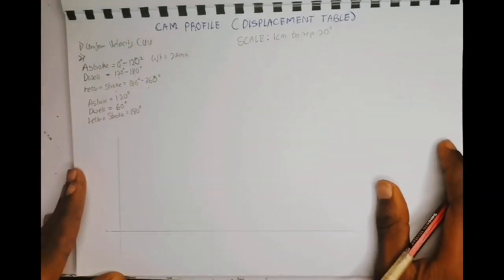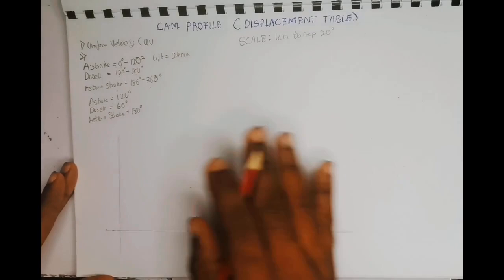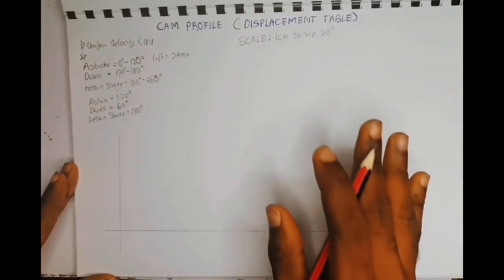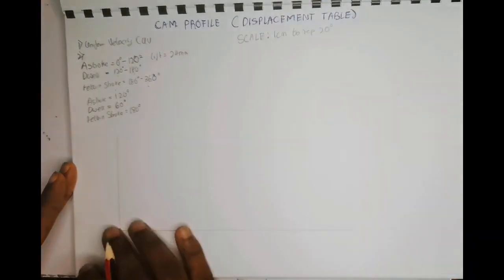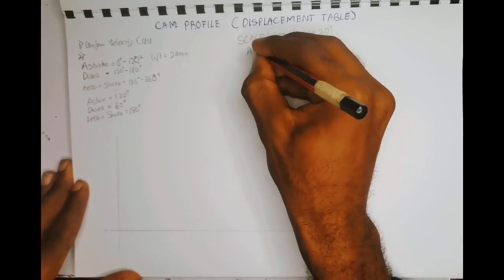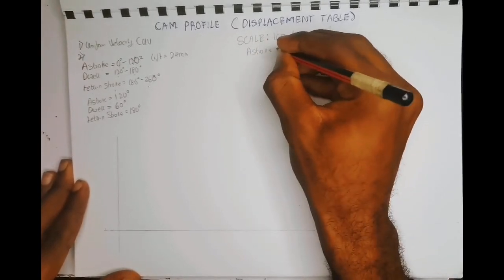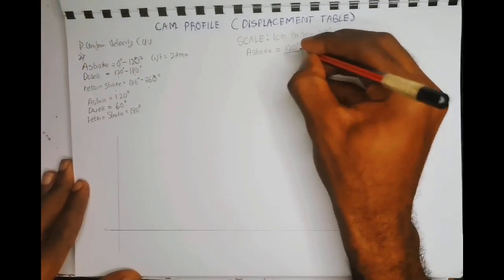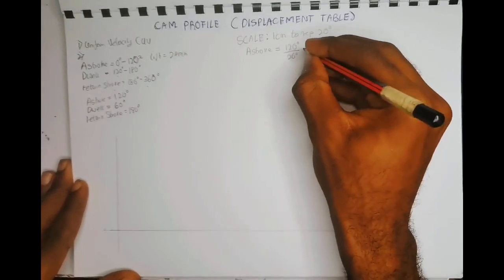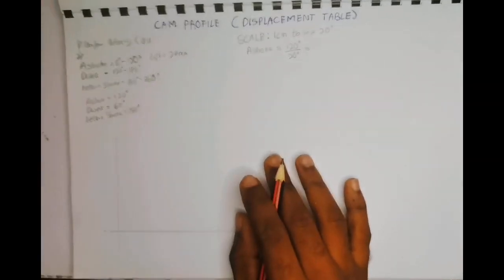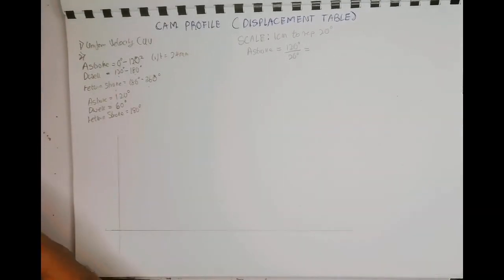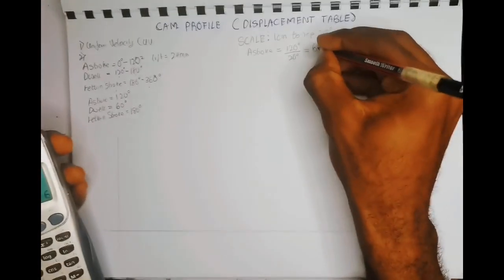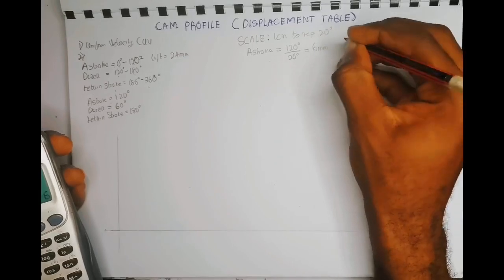First of all, let's get the A stroke, dwell, and return stroke all in millimeters so that we can draw it on the displacement table. This will be 120 degrees divided by 20 degrees, six millimeters.